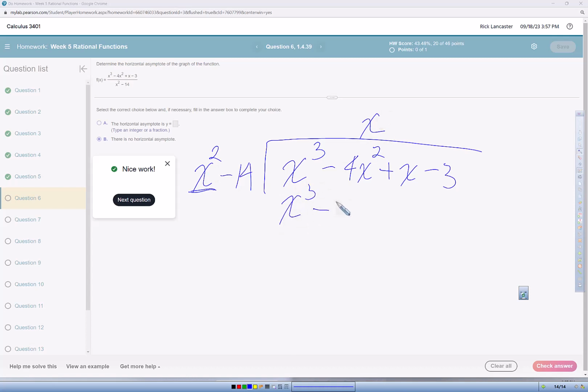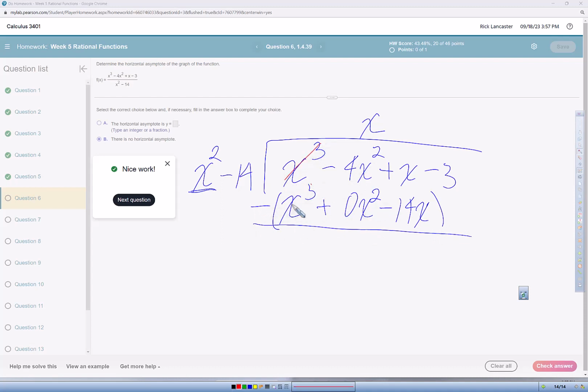X times negative 14 is negative 14x. And I put that in the wrong place. So we'll go plus 0 times x squared and then minus 14x. Now we don't usually talk about it specifically when we're doing this with numbers, but this is a subtraction step.